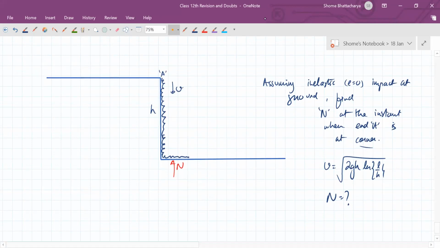There will be one more term in that. I'll just give you a hint. The normal reaction will be one term which is a weight factor, some mass into g, plus another term which will be a lambda v square kind of term, mass per unit length into v square.